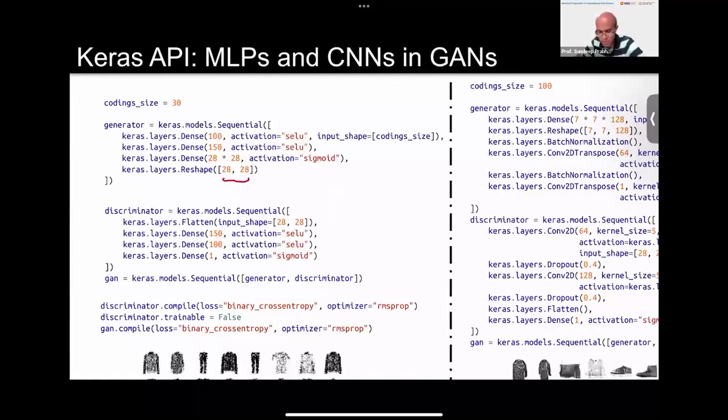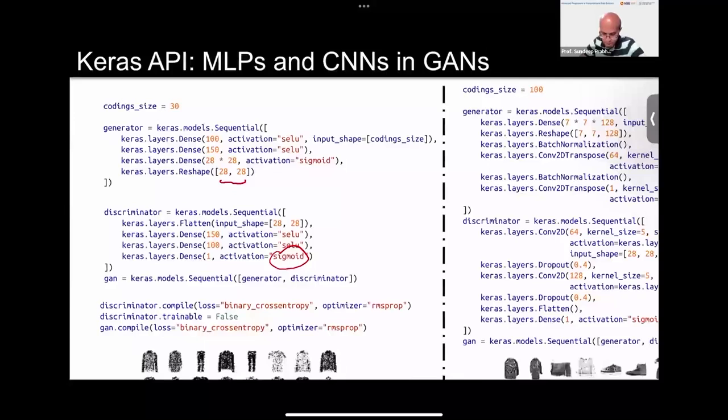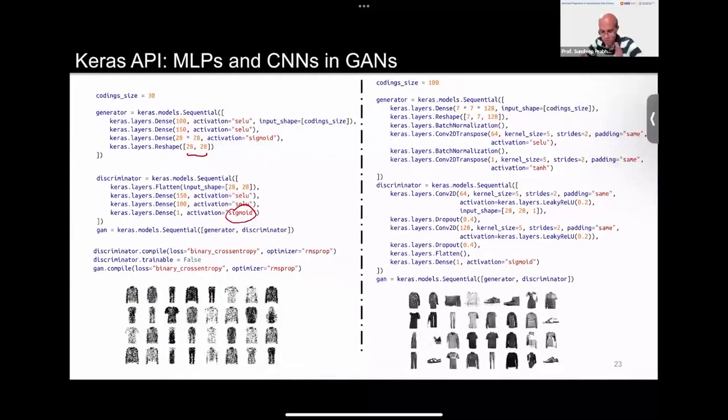So as you can see, it is basically a sequential collection of dense layers, right? So MLPs. Discriminator, as you can see, again is MLP, but the output is a 0, 1, which is a sigmoid classifier, right? So sigmoid output or logistic loss function. The loss function is basically the binary cross entropy, right?